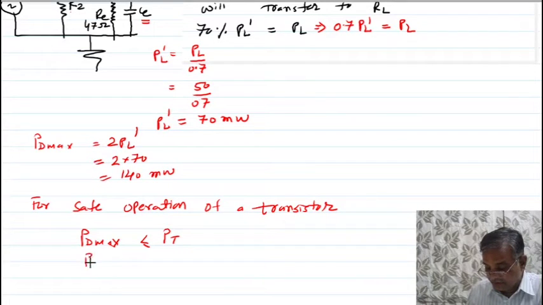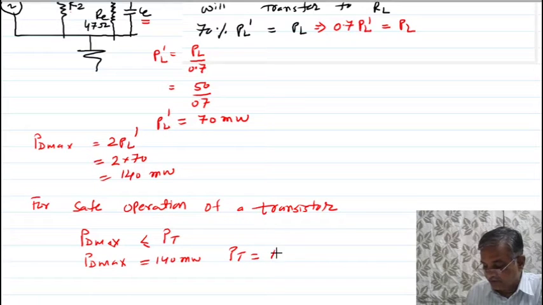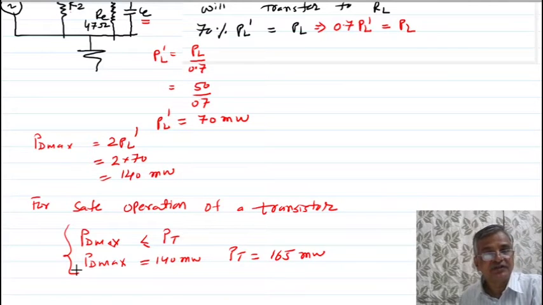Here PD max is 140 milliwatt and PT is given as 165 milliwatt. So our condition is satisfied, and the transistor is operated in a safe region.